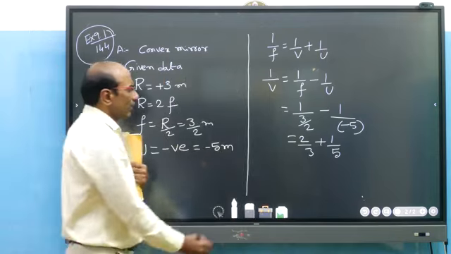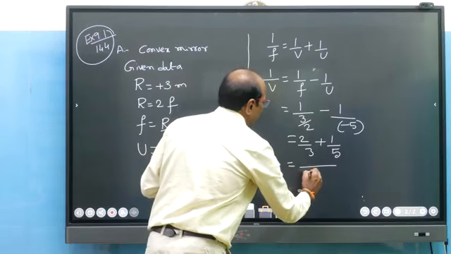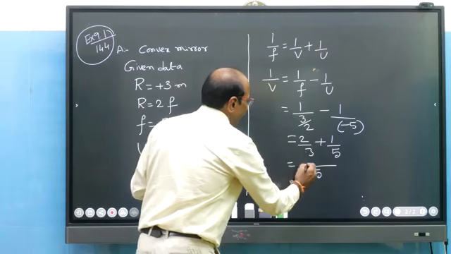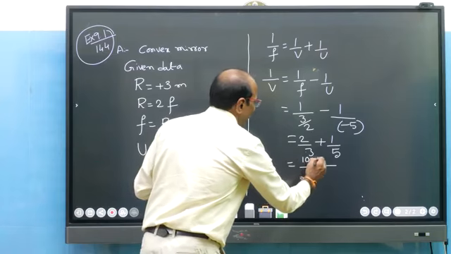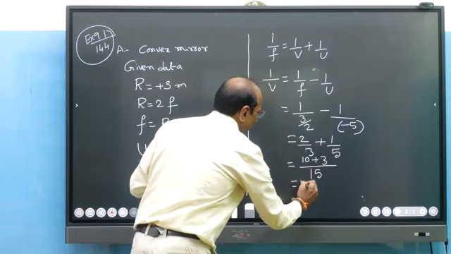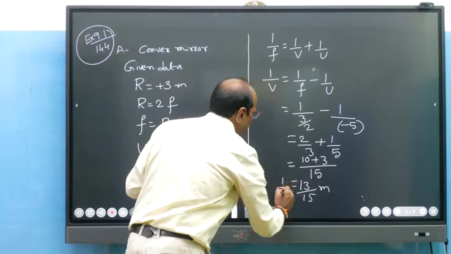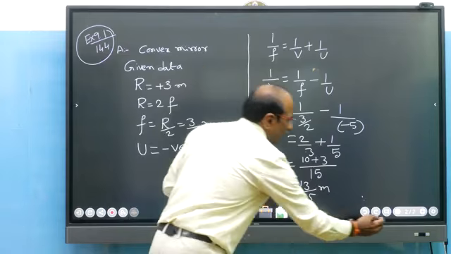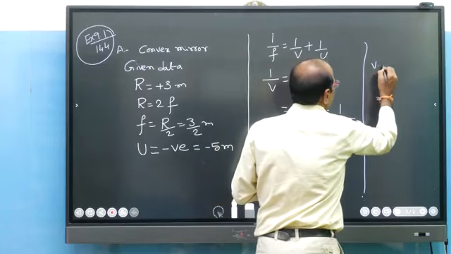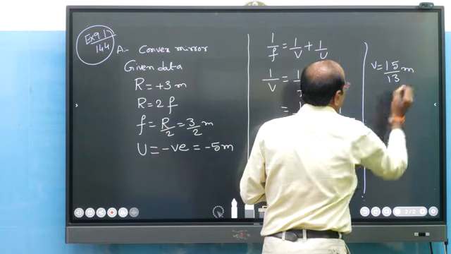So we have to find the LCM for 3 and 5. You will get the LCM as 15. So 5 into 2 is 10, plus 3 into 1, 3. So 13 by 15 per meter equals 1 by v. From this, v equals 15 by 13 meter.